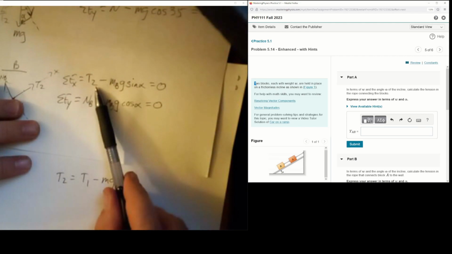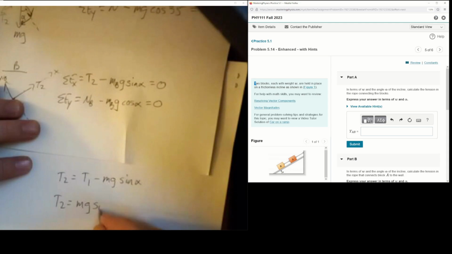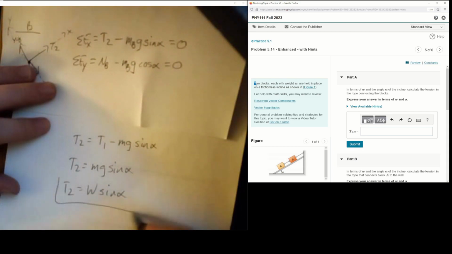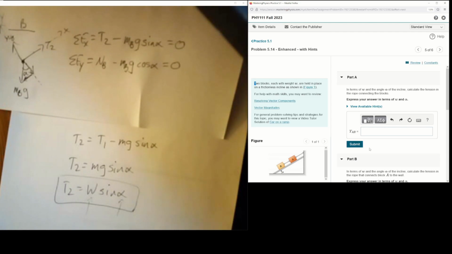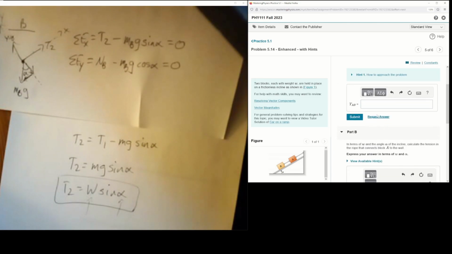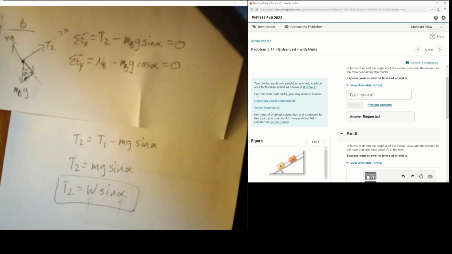But the x direction does have tension, and from that we see tension 2 is mg sine of the angle, where mg is weight, and we get sine of the angle, and that is in the form they want. They want this tension to be only of weight and the angle, and so we just satisfied that. So W sine alpha, and there we go. They have a lowercase w there.